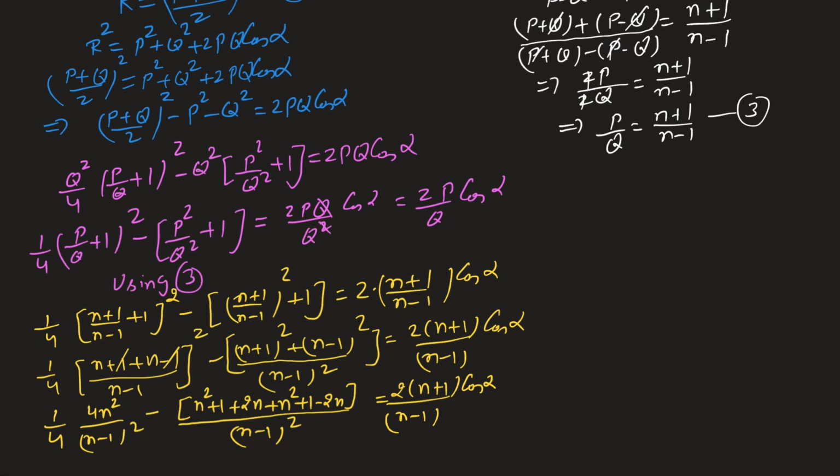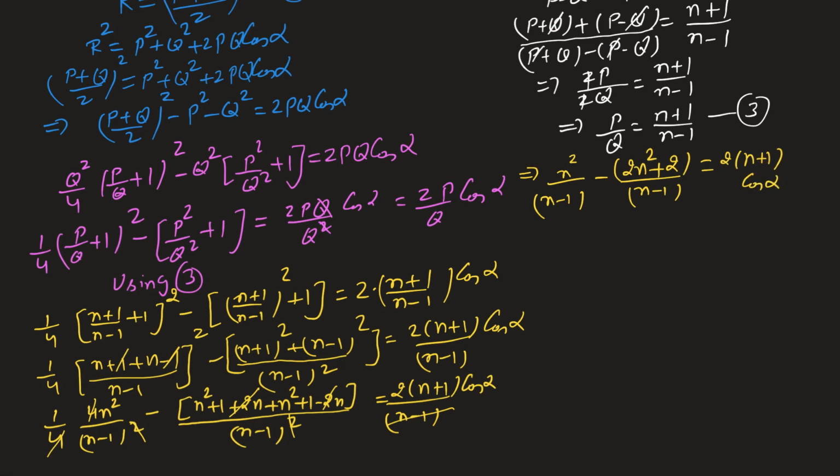So here you see this 2n to 2n will cancel out, this 4 to 4 will cancel out. So this implies that this will be n square, and here from the denominator this n minus 1 will cancel out. So we are left with n square, n minus 1, minus 2 n square plus 2 divided by n minus 1 is equal to 2 n plus 1 cos alpha.